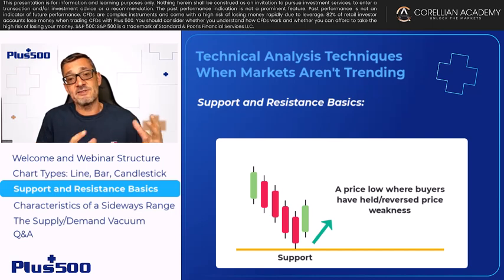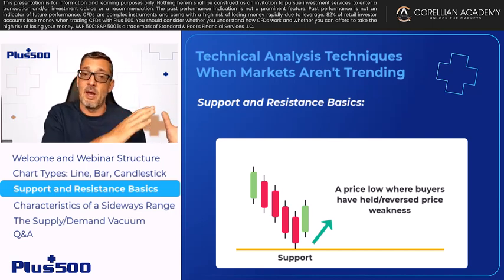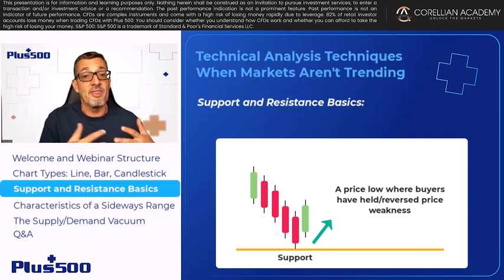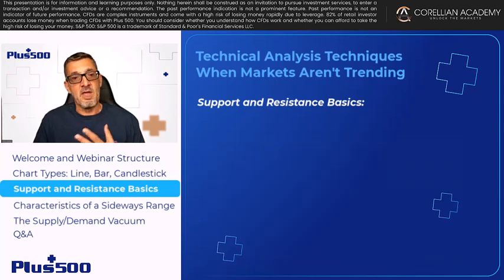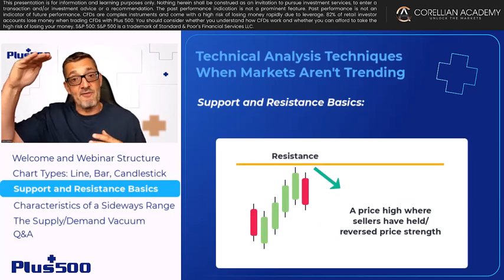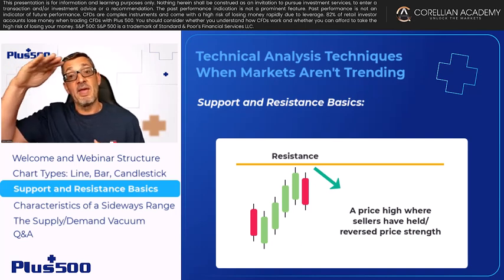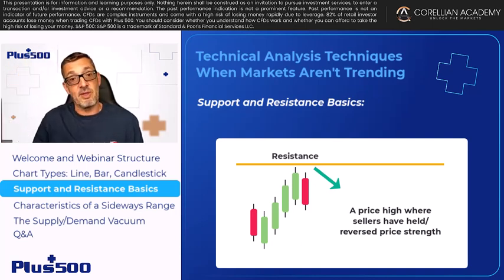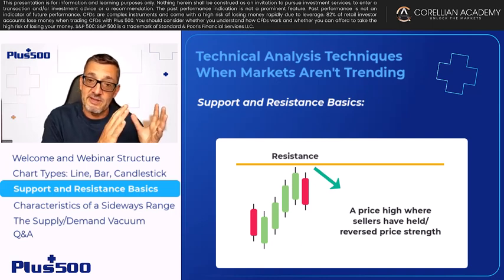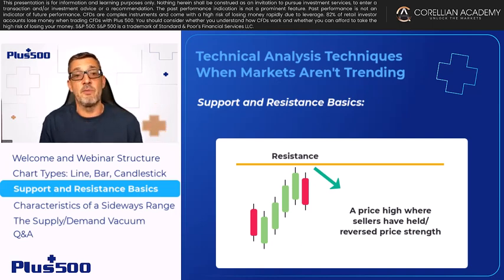In technical analysis, it is assumed if buyers have stepped in at a particular level before, they may be found there again. Resistance is a price high, a level where sellers have previously been found and have been successful in capping, even reversing, the price strength of a CFD back to the downside. If sellers have been found at a particular level previously, we assume they may be found there on another occasion.